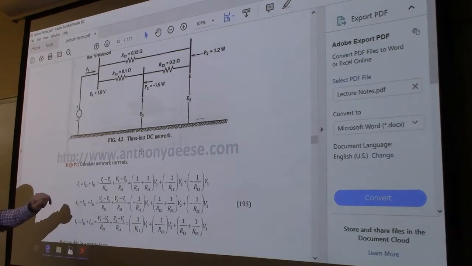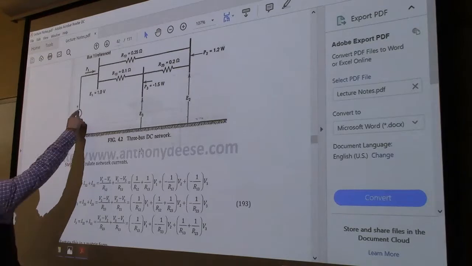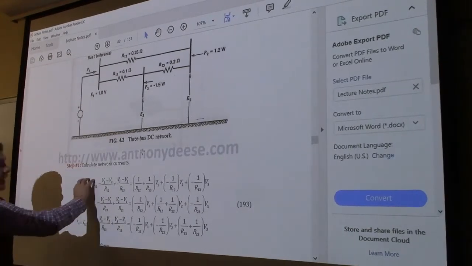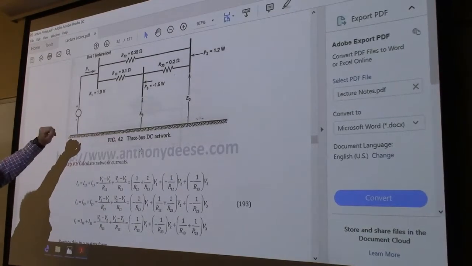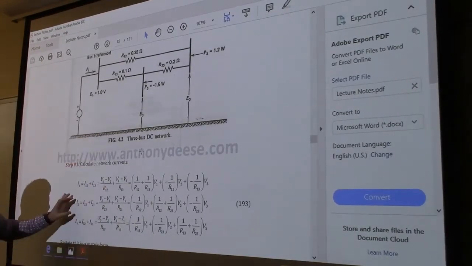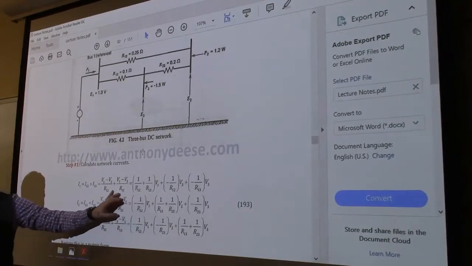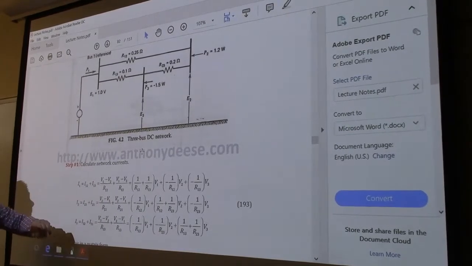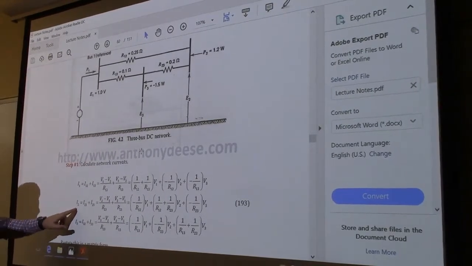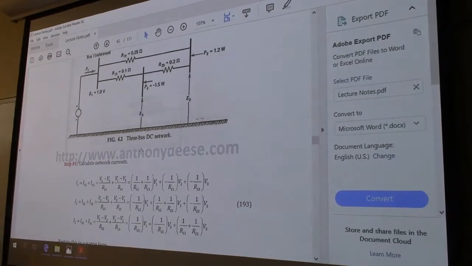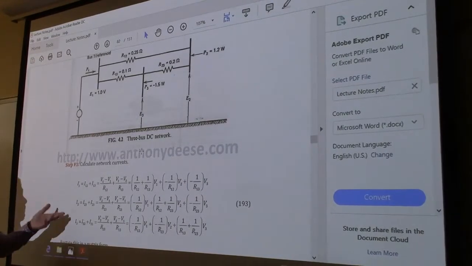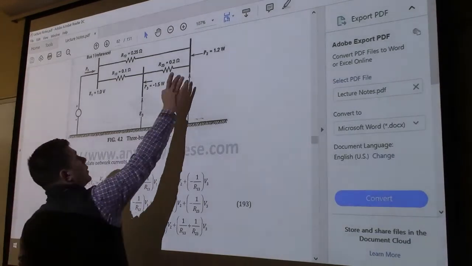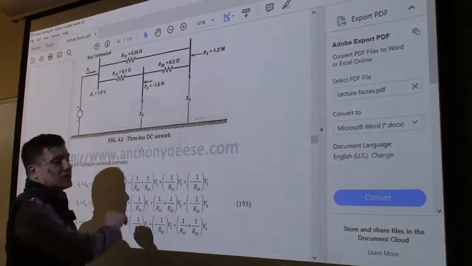So what is I1 going to be? This actually, I'm going to skip because I1 is not going to be so important since we already know what E1 is. I'm going to start off with the second row. Okay, I2. In this class, when they use a single subscript, as opposed to two subscripts, we know what I23 is. I23 is the current flowing between bus 2 and bus 3.